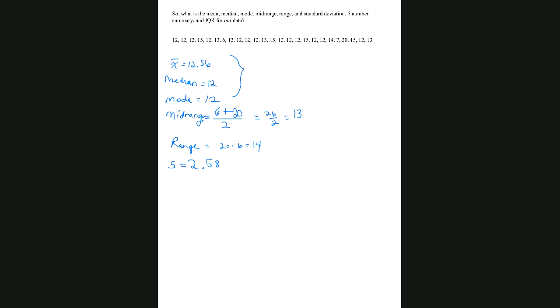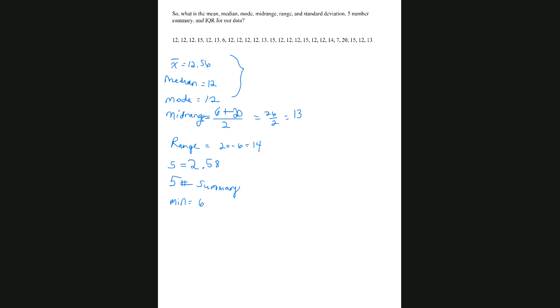All right. Now let's look at the 5-number summary. The 5-number summary starts out with the minimum value, and that is 6.